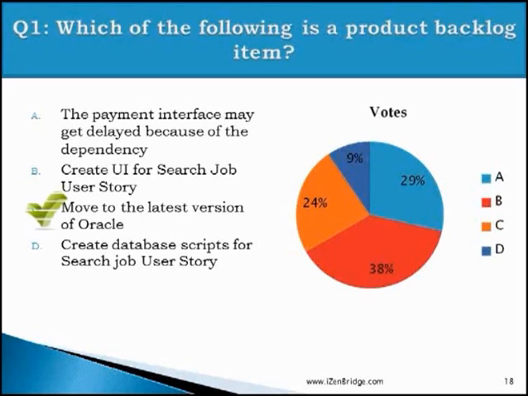So the right answer for this question is C, move to the latest version of Oracle. Unlike the majority of our product backlog items, which would be features, we can have technical work as a product backlog item, and moving to the latest version of Oracle, which is applicable to the complete project, is a technical work type of product backlog item.